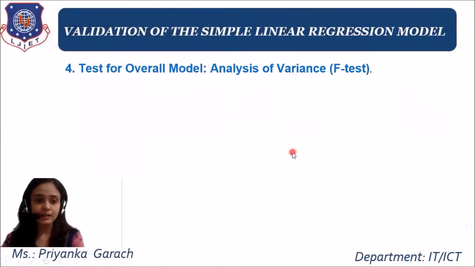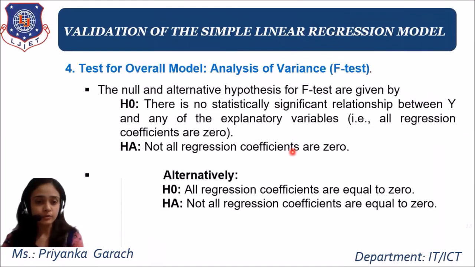So let us visualize what the null hypothesis and the alternative hypothesis for the F test are. The null hypothesis, H0, says that there is no statistically significant relationship between y and any explanatory variable, here my variable x.